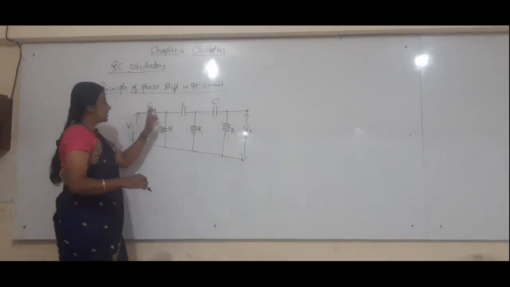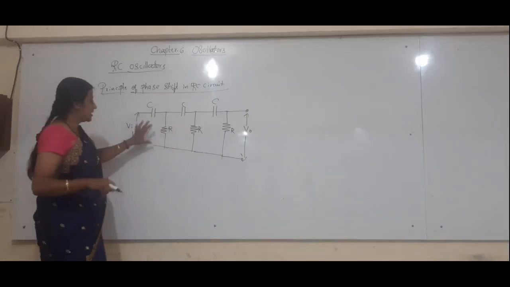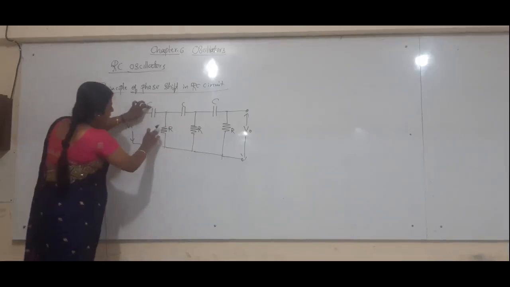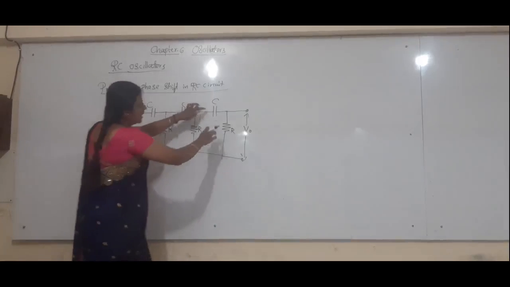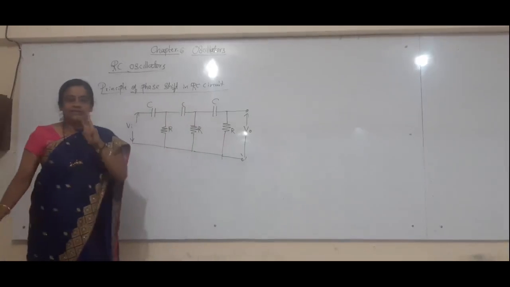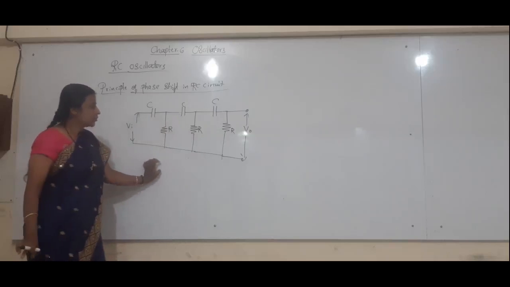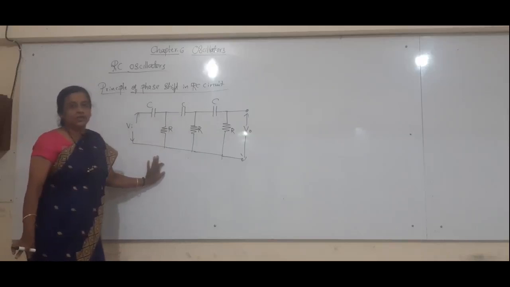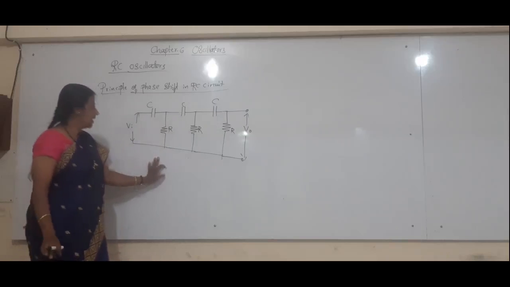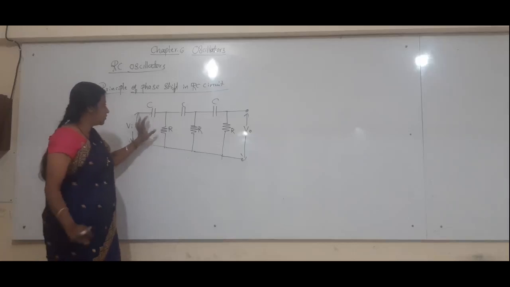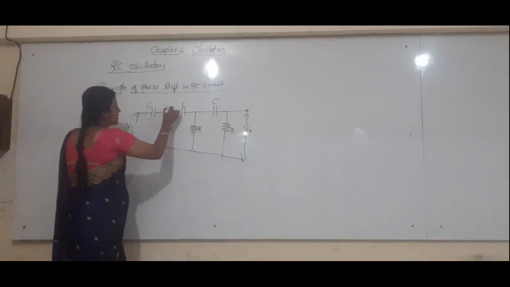This we call a 3 stage network. Why 3 stage? One RC network, another RC network, another RC network. These 3 sections of RC networks are employed in this circuit in order to generate the 180 degree phase shift. The first stage RC network produces a phase shift of 60 degree.